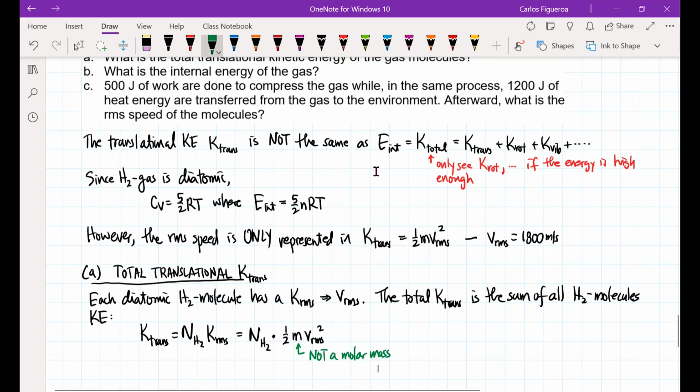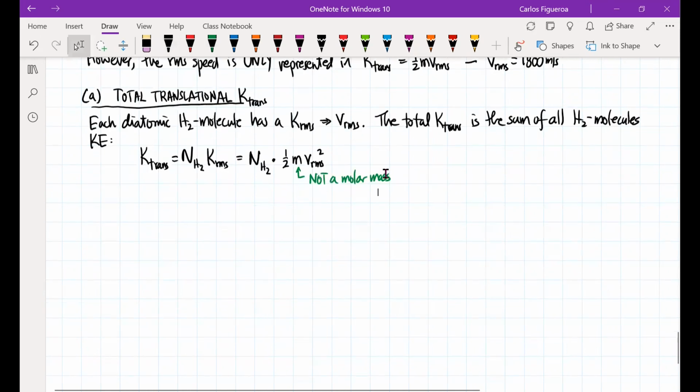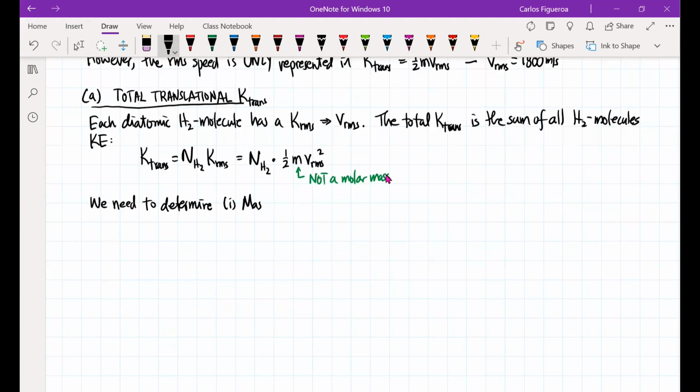In order for us to calculate the total translational kinetic energy, we need to determine, one, the mass of H2.